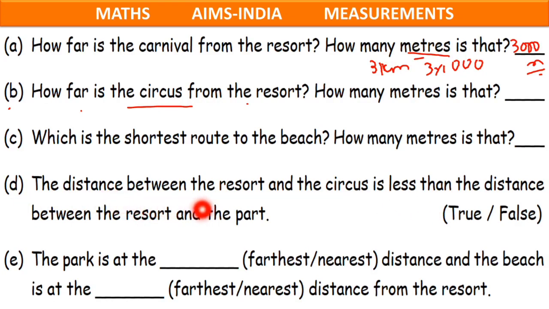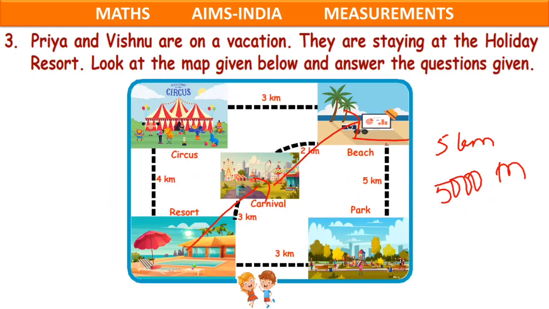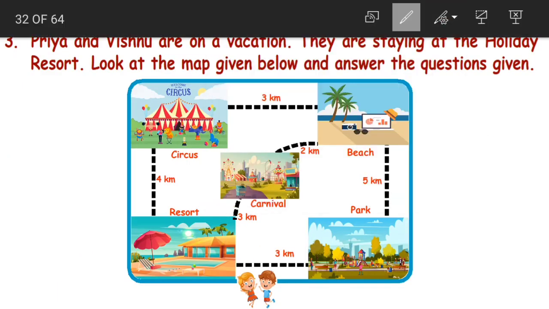Question D. The distance between the resort and the circus is less than the distance between the resort and the park. Resort and the circus and resort and the park. If you compare the distances between resort and circus, R for resort, C for circus is 4 kilometers.